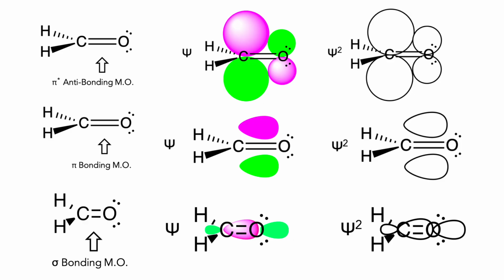And so you can see for our sigma bonding molecular orbital in formaldehyde here, the wave function still represents the phases, but here for carbon and oxygen in their sigma bonding, both of them sp2 hybridized, there is an overlap in the center, and you will see that there is a shift in that sigma bond, which matches the polarity of the bond, oxygen being more electronegative. Therefore, there's a greater electron density on the oxygen atom.